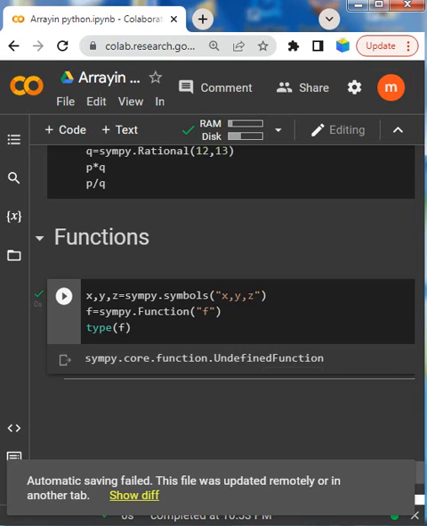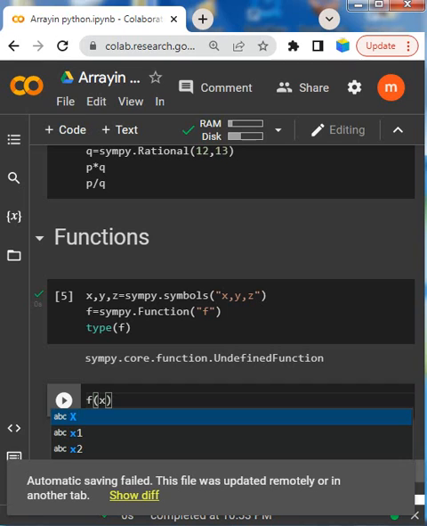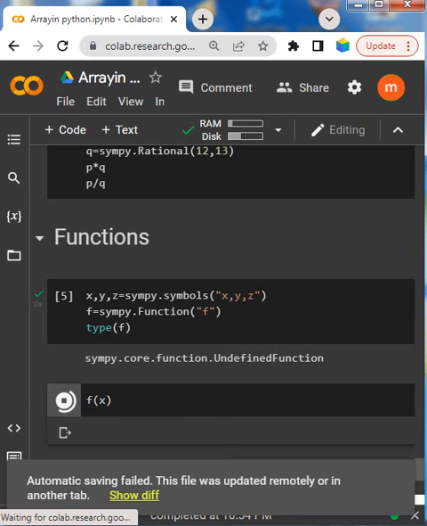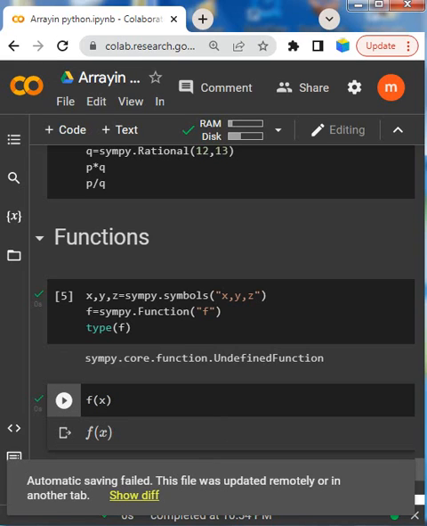So if I write f(x), it can represent the output as the same function, f of x.